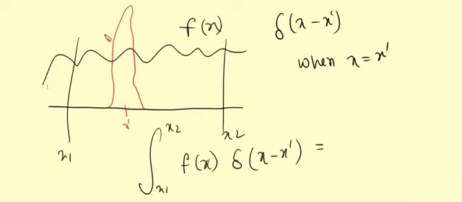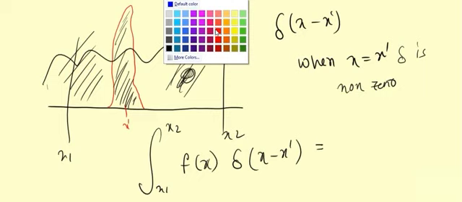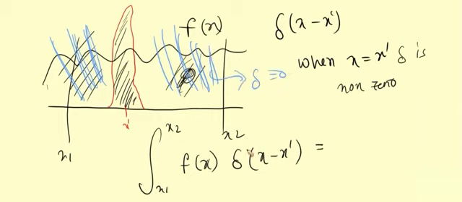Then you can see from this graph that only at x equals x prime is this delta function non-zero. Everywhere else, all these regions that I'm marking with this blue color, delta is 0. So in all those places, this whole integral will be 0.